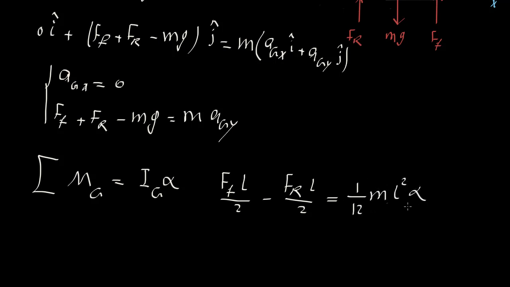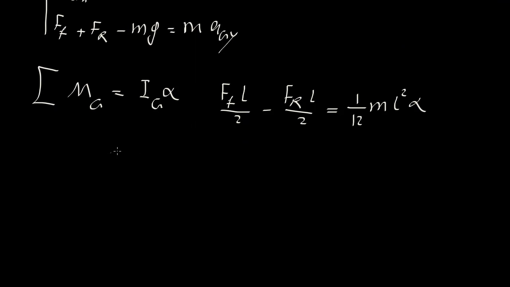So this is I_G, and that's alpha. Okay, so if we simplify this equation, we get F_f minus F_r is equal to, multiplying both sides of this equation by 2 over L, m L over 6 alpha.